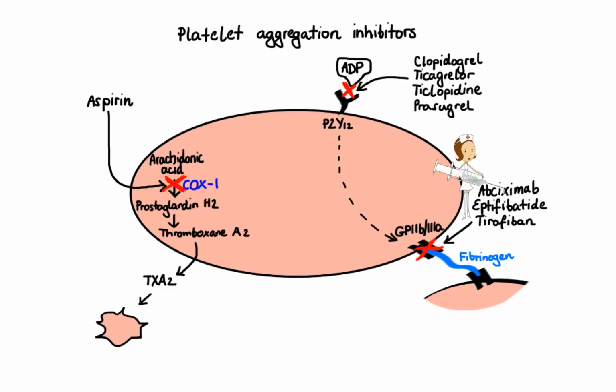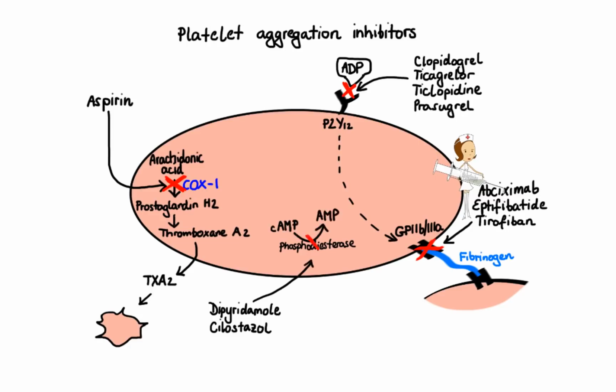Now, the last group of antiplatelet drugs that I wanted to briefly discuss are phosphodiesterase inhibitors, namely dipyridamole and cilostazol. These two agents inhibit an enzyme called phosphodiesterase that is responsible for breaking down cyclic AMP to AMP.